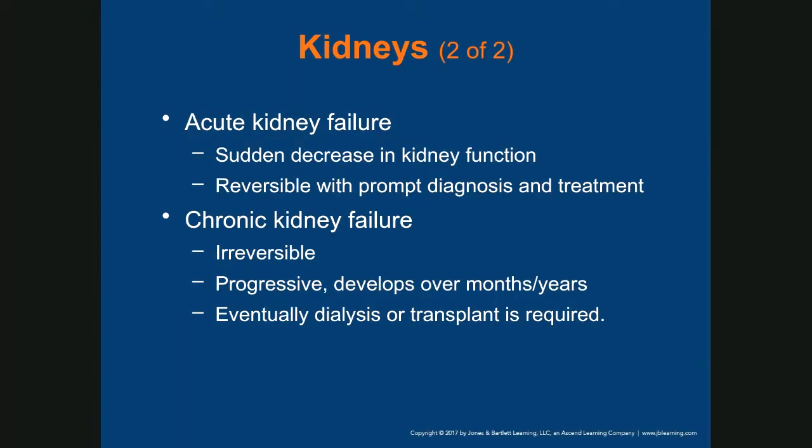So either something is wrong with the blood flow, or more than one area of the kidney is not functioning effectively, or there's an issue with removing urine. So chronic kidney failure, irreversible, progressive, develops over months or years. Eventually dialysis or transplant is required.